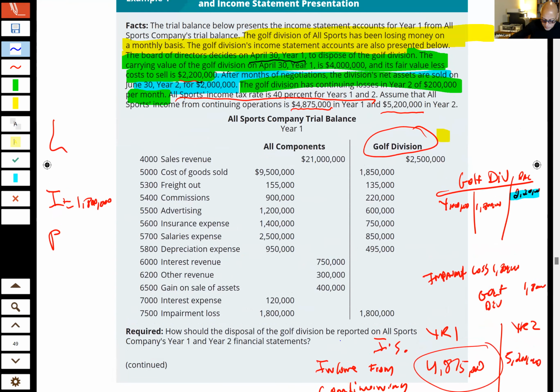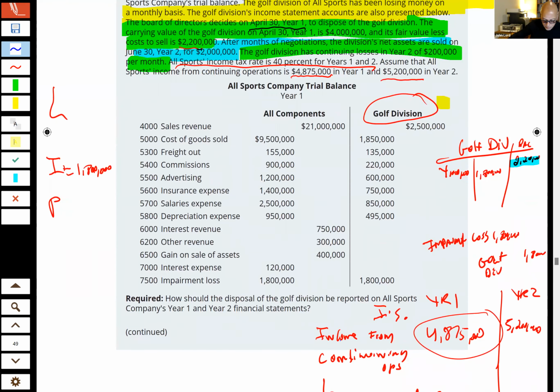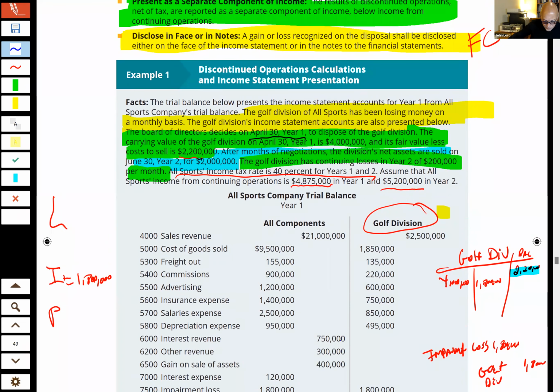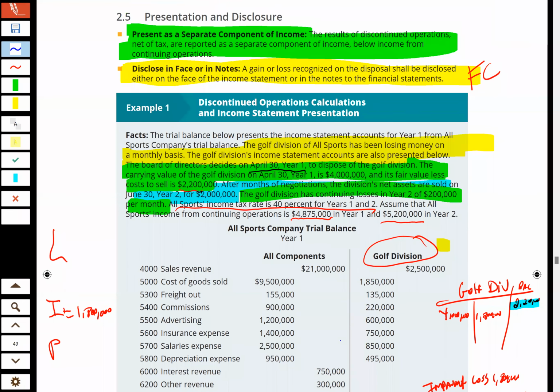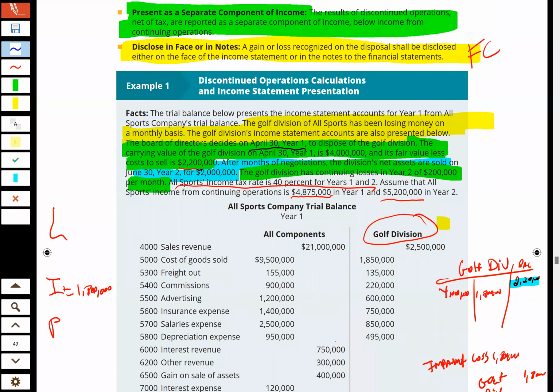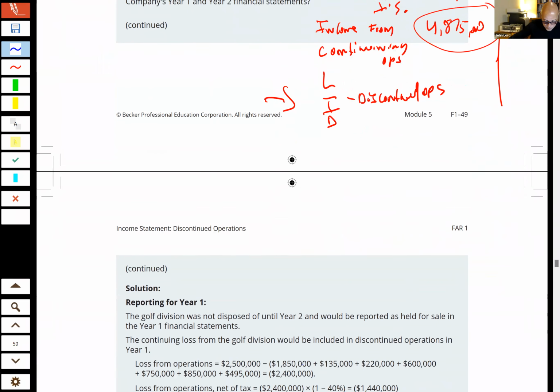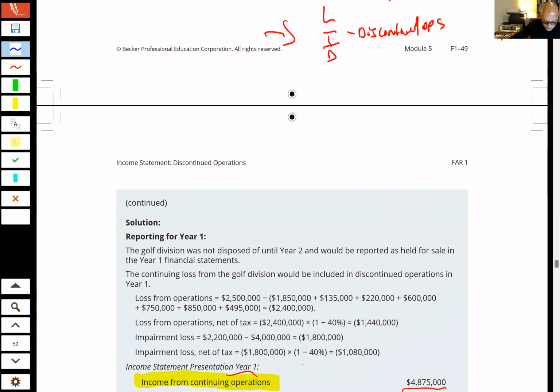Sorry, guys. Was it up in the problem here? I think it's in that following page. Where do they tell us it's 2.4, huh? Where do they get this 2.4?